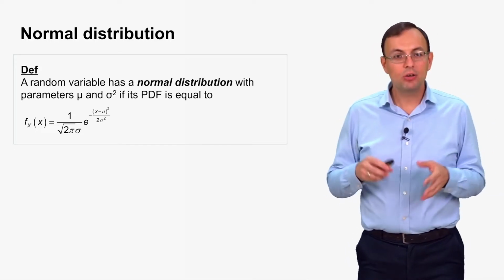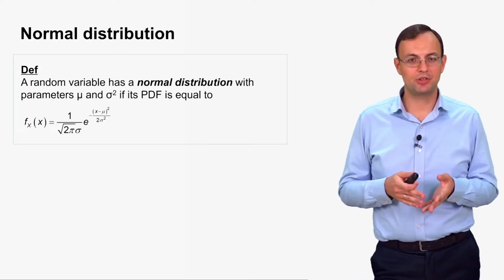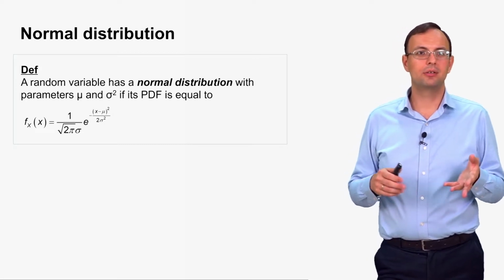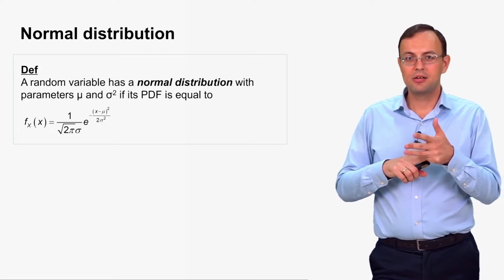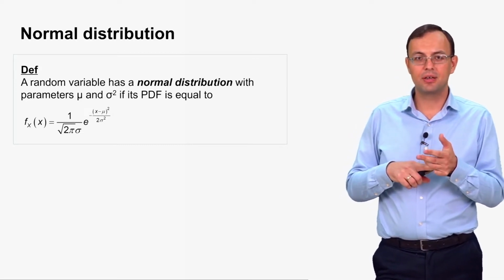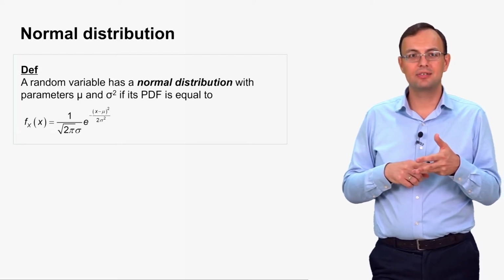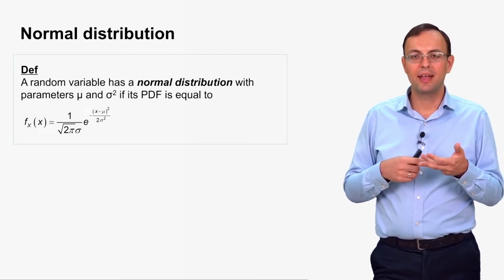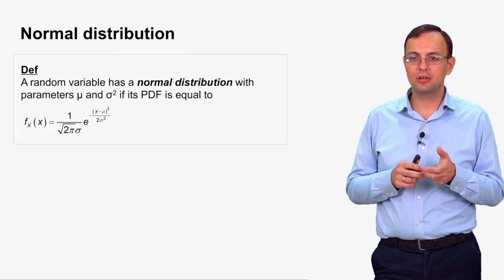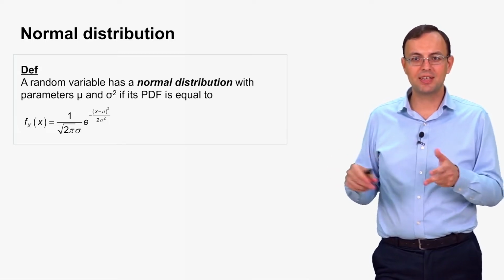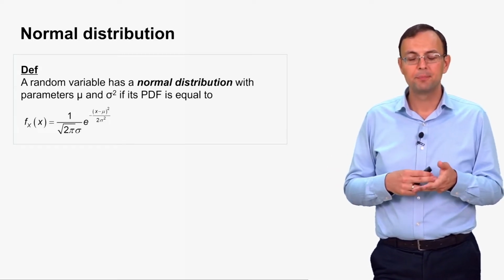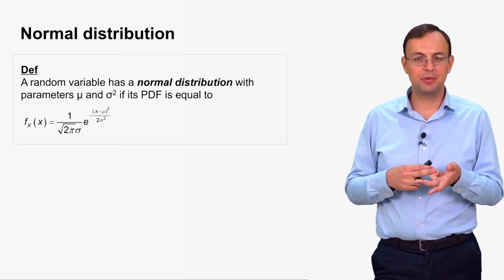Because of its wide application, for example, the height of a random adult man is normally distributed. Measurement error, when we are measuring some physical value with a measuring tool, is normally distributed.